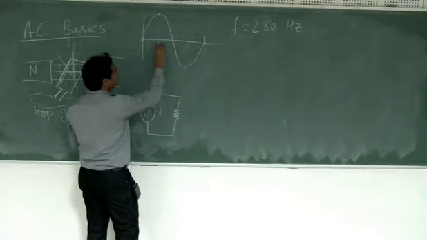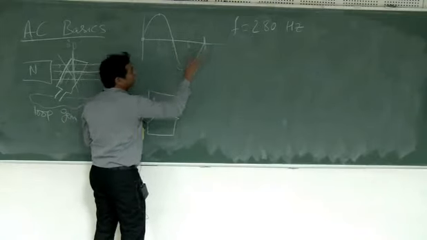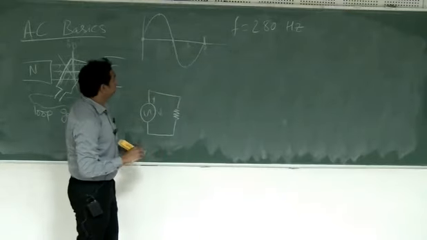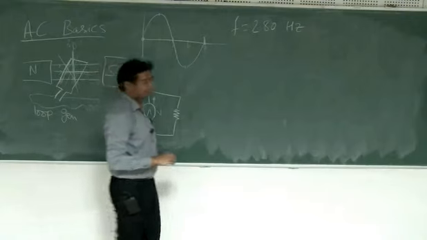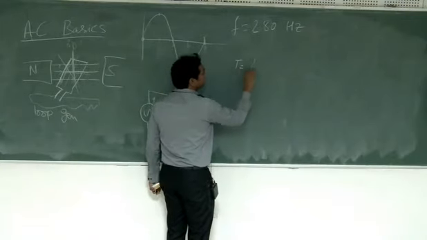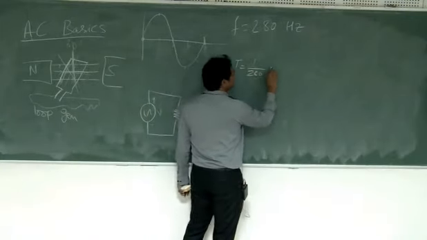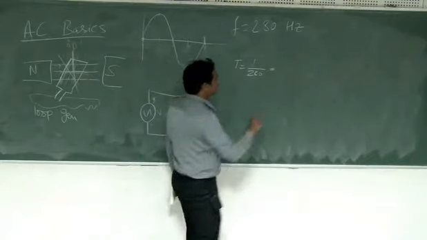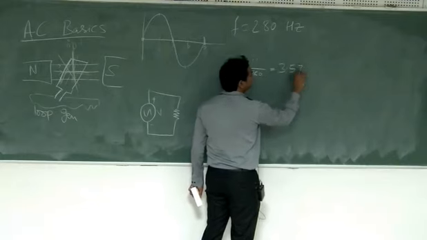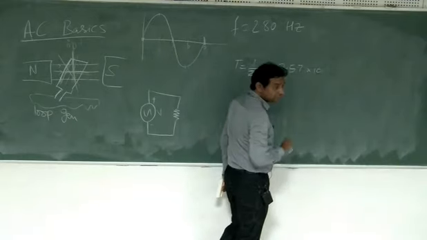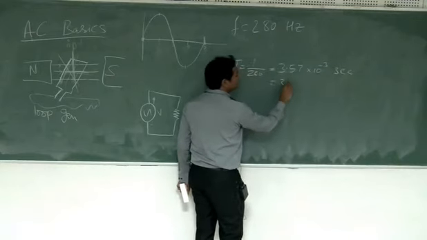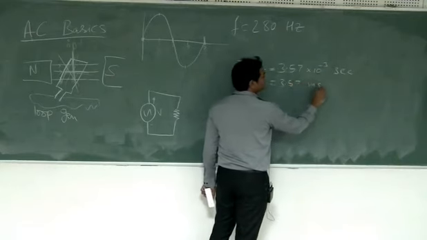So how do I mark this and this? The frequency is 280 hertz. So what is the time period? Time period is 1 by 280 hertz. That is how much? 3.57 into 10 power minus 3 seconds, or in other words, I can write 3.57 milliseconds.